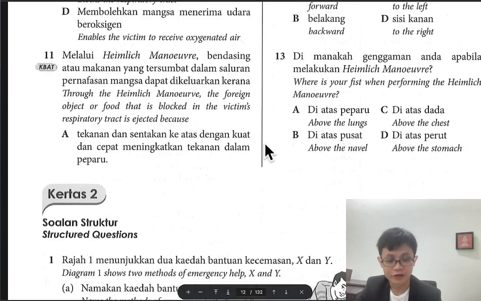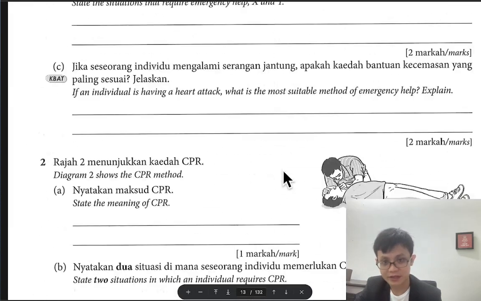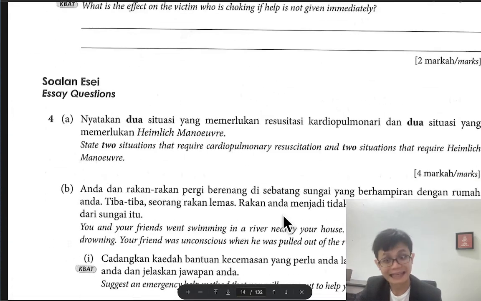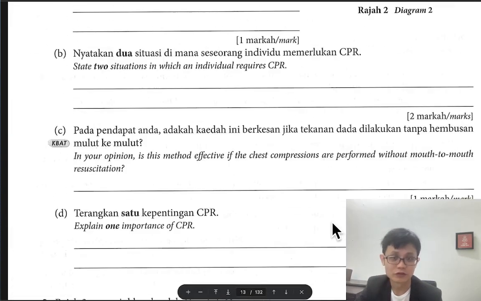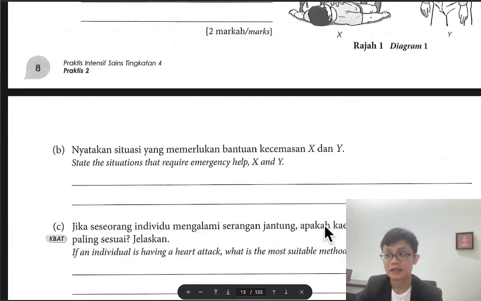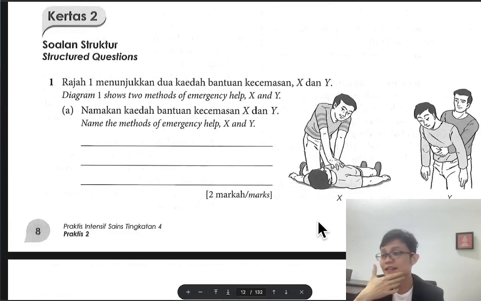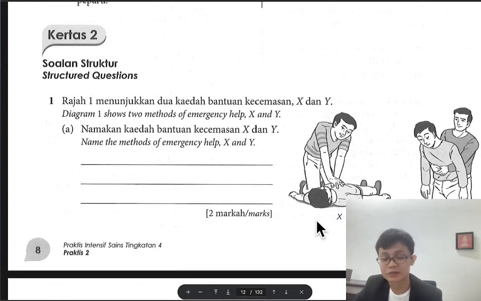So again, we are going to do some exercise, probably some subjective and essay. We are not going to do objective because if you can understand subjective and essay, usually automatically you will understand the objective paper as well. That's why every time when I teach and do revision, I never do objective.